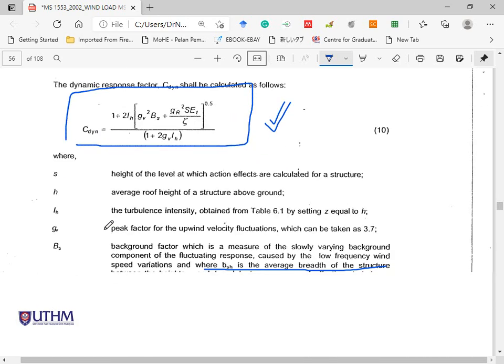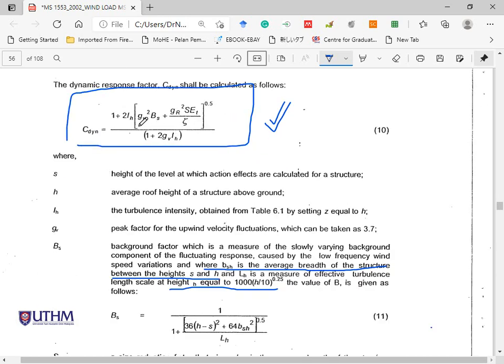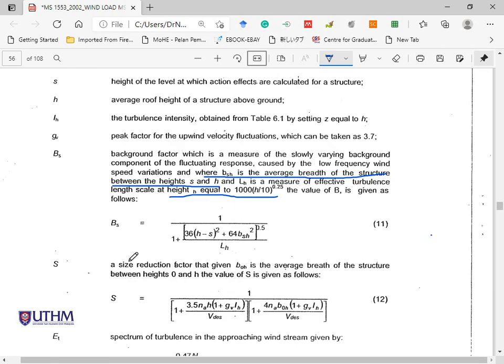The S here is the size reduction factor, given that b0H is the average breadth of the structure between height 0 and H, and the value of S is given as follows.